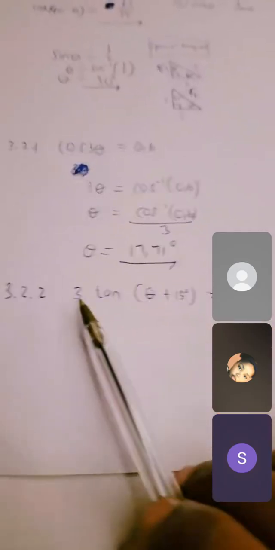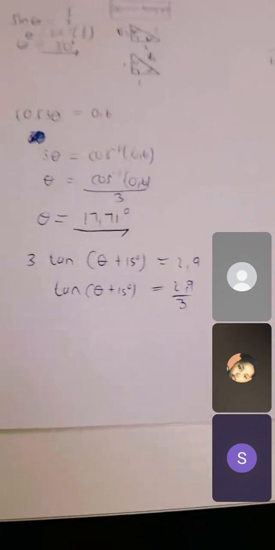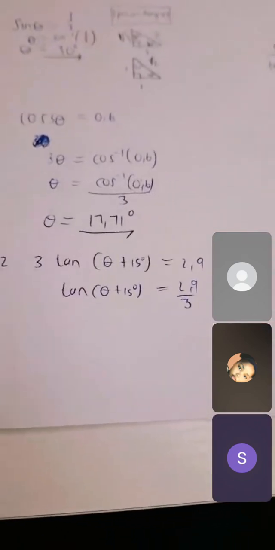The whole point here is to actually isolate the trig ratio, so we divide by 3, of course. So 2.9 divided by 3, right? Yes, because we divide both sides by 3.